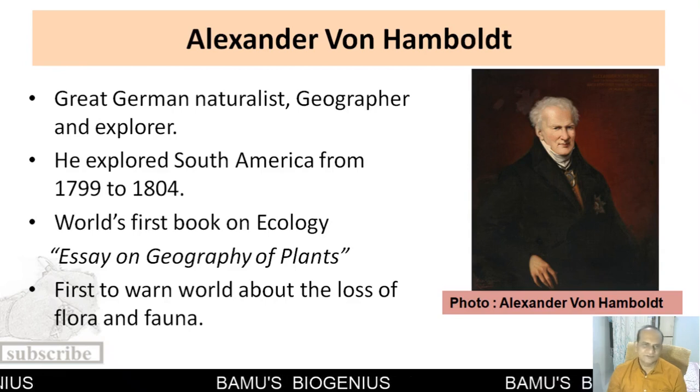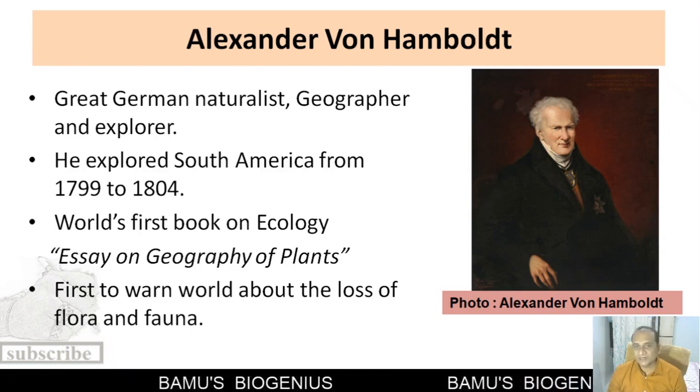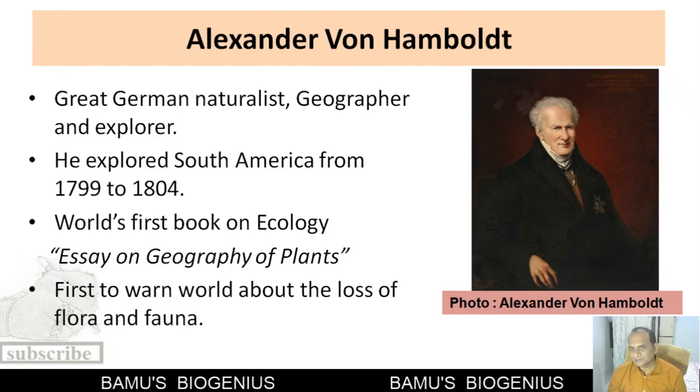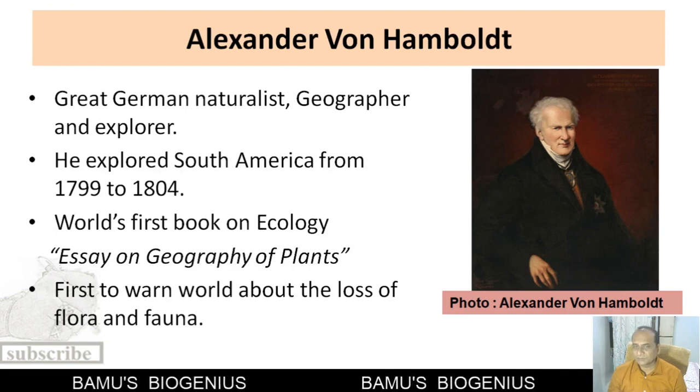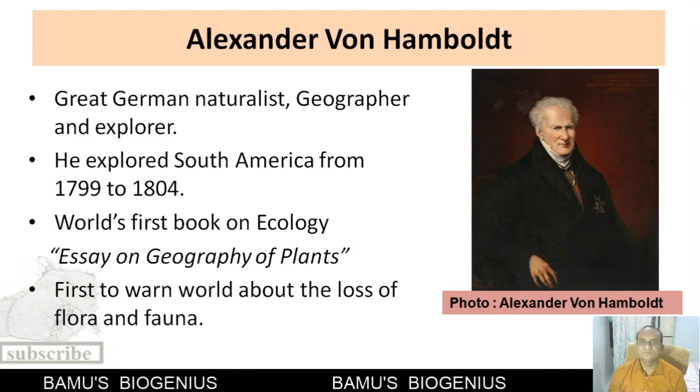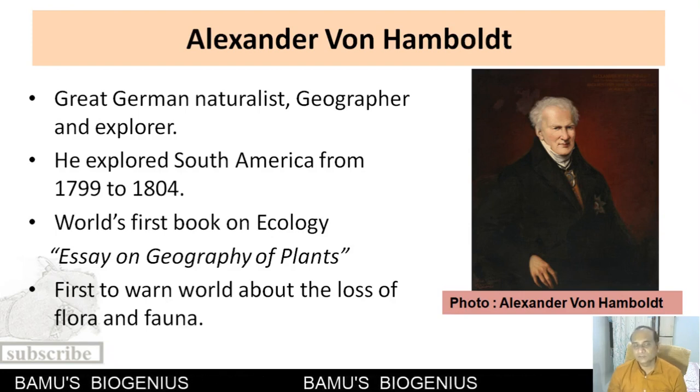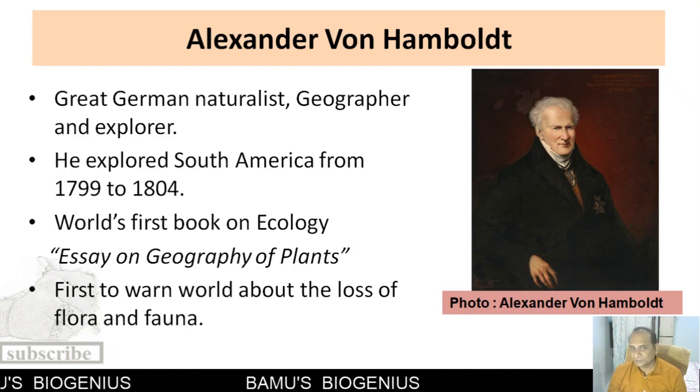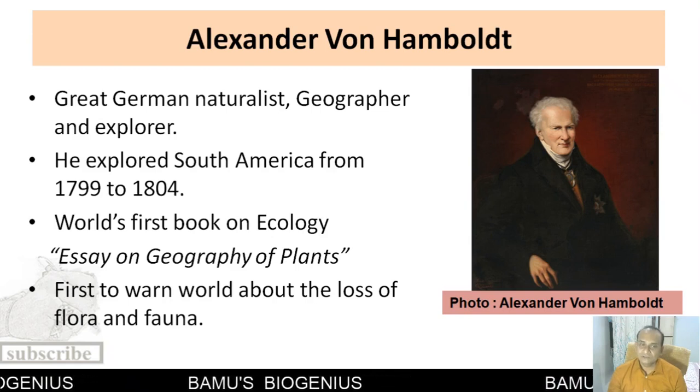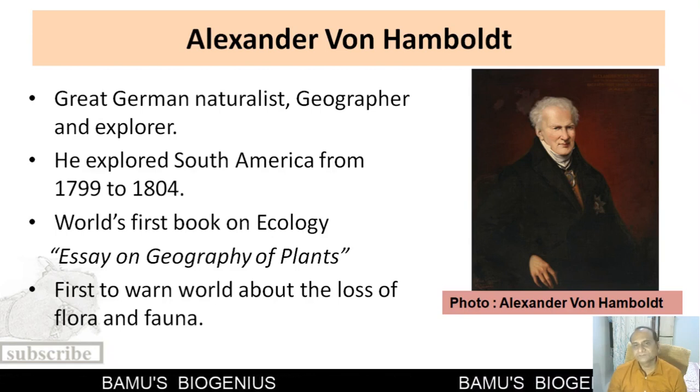Alexander von Humboldt was a great German naturalist, a biogeographer, and an explorer. He is considered one of the first biogeographers of the world. He explored the South American region during 1799 to 1804. He was the first researcher who wrote a book on ecology.